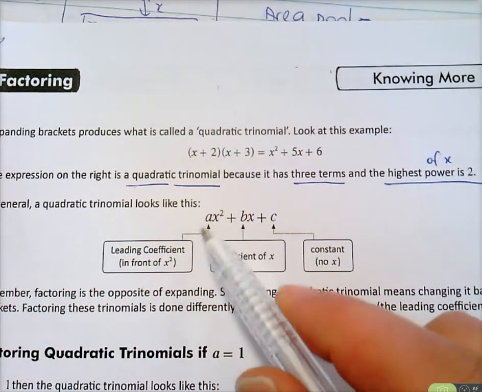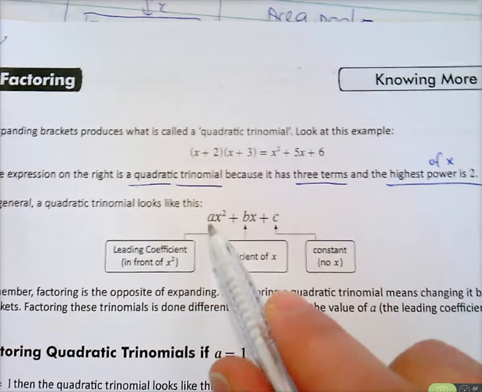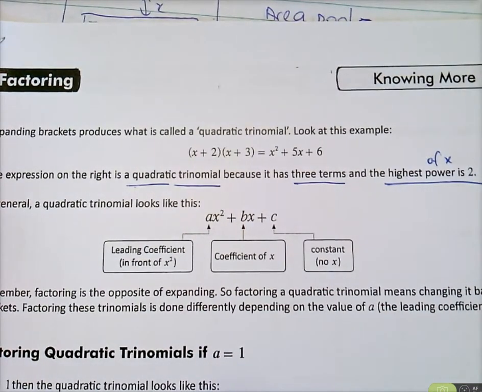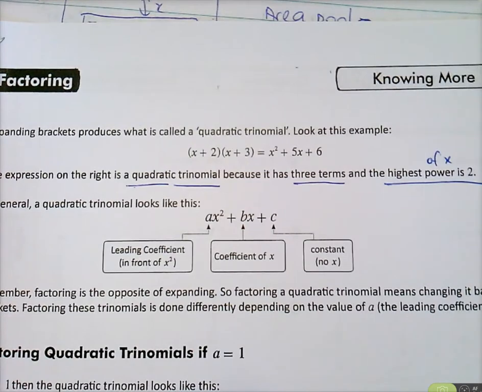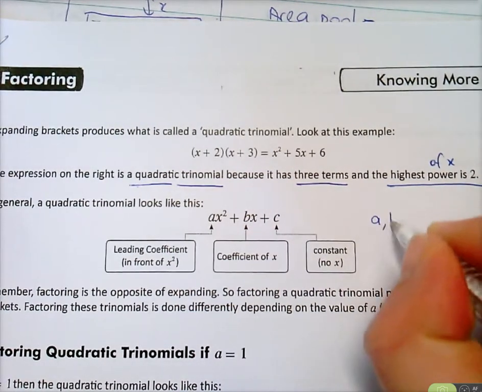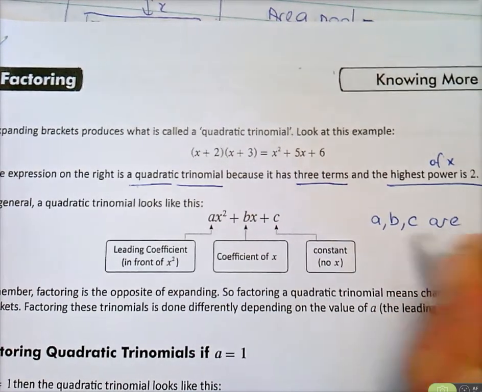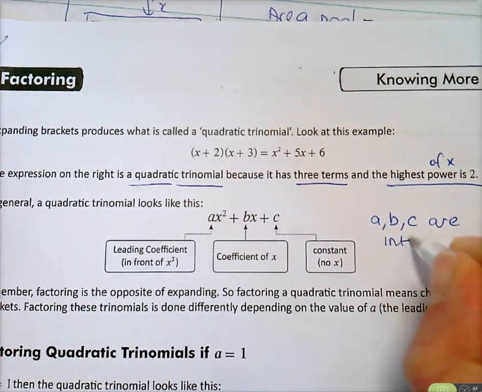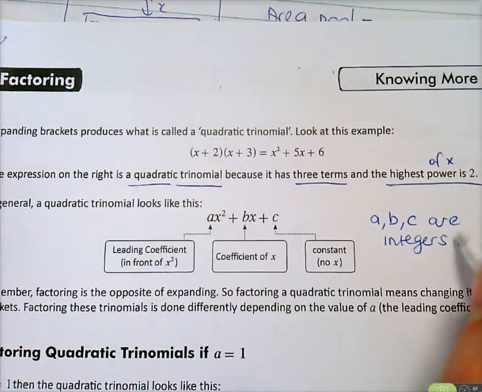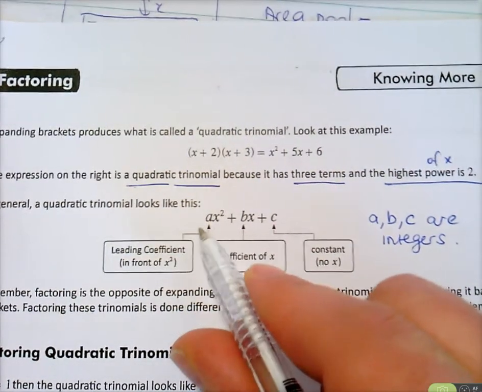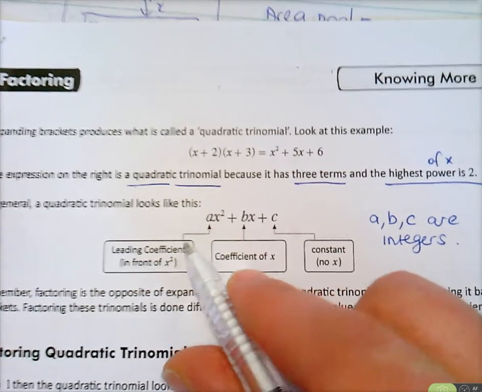Now the general form of a trinomial is this: ax squared plus bx plus c, where a, b and c are just numbers, generally whole numbers. I'm going to put integers actually. But a can't equal 0, otherwise you wouldn't have an x squared term.